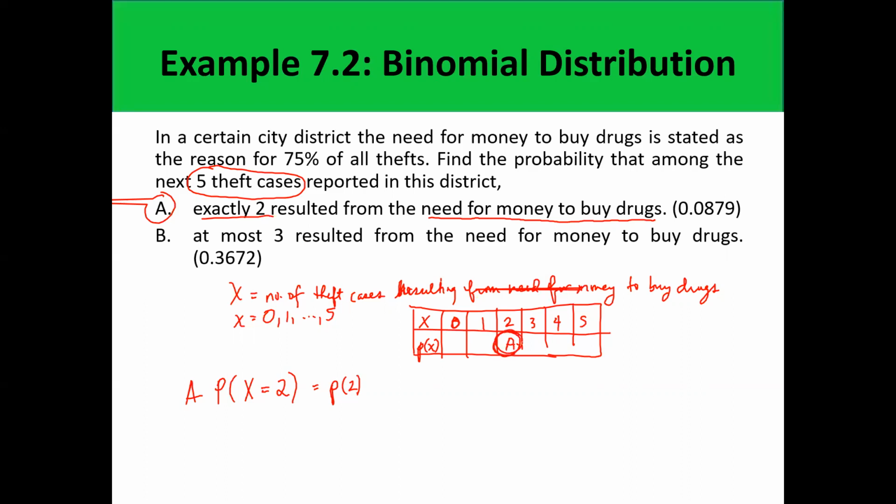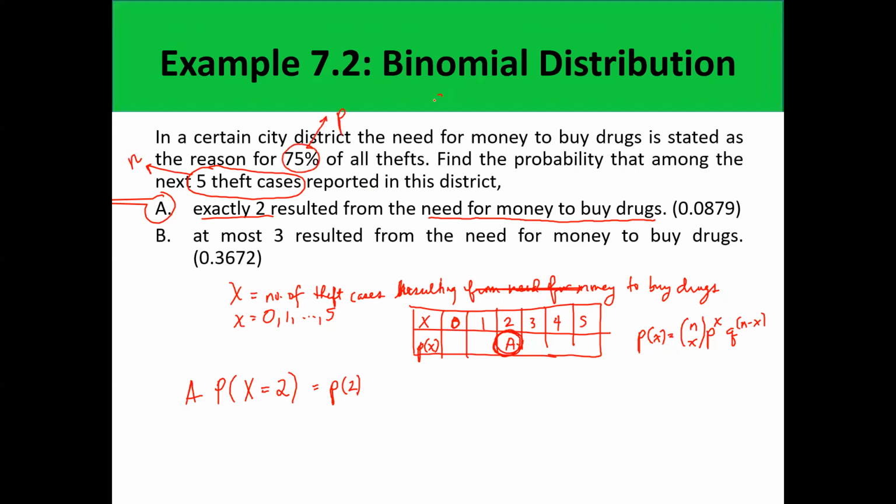Okay? And now using the formula of the binomial distribution, recall that the formula is n combination x times the probability of success raised to x times the probability of failure raised to n minus x. So in this problem, the number of trials is 5 and the probability of success, or the probability that the theft case would result from the need for money to buy drugs, is 75%.